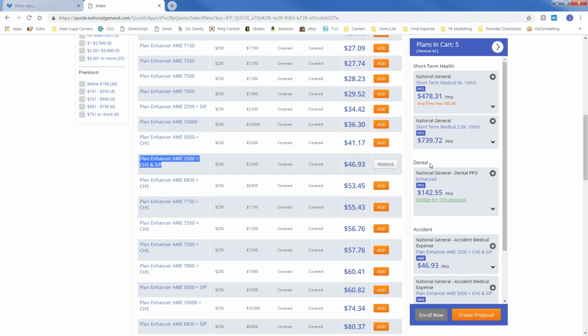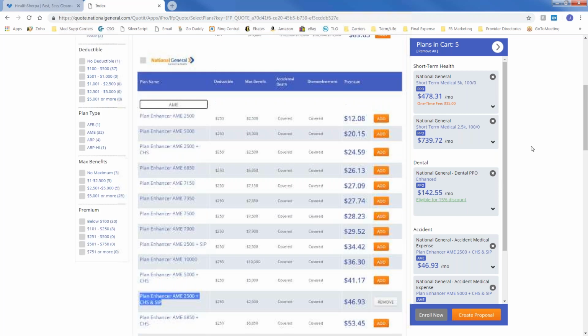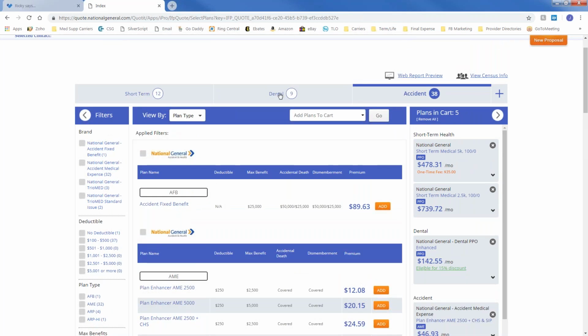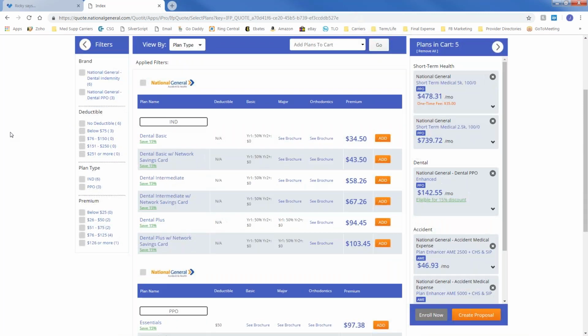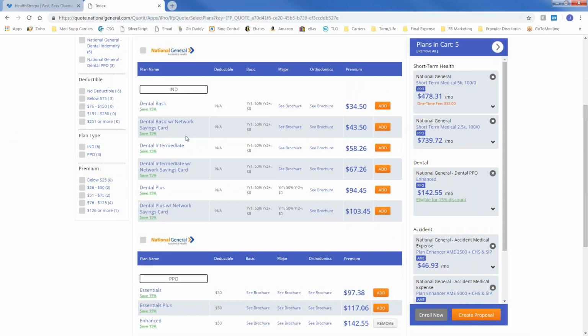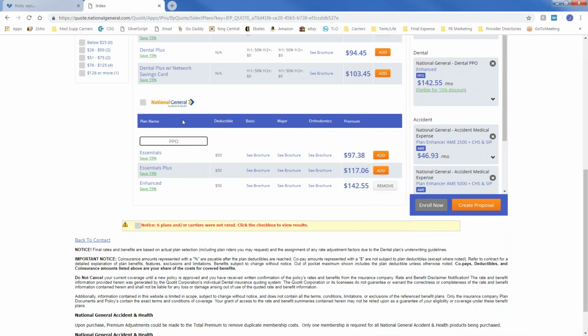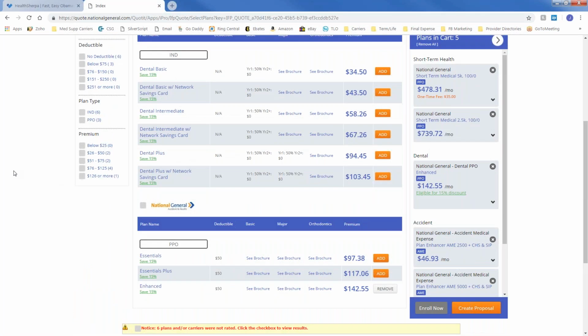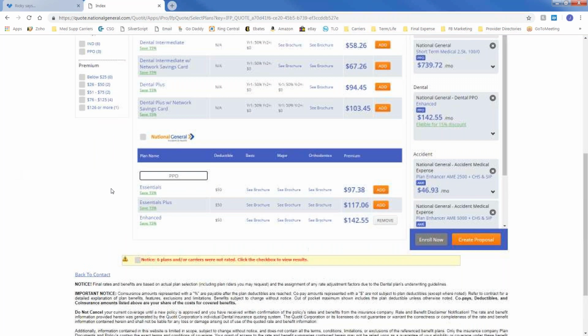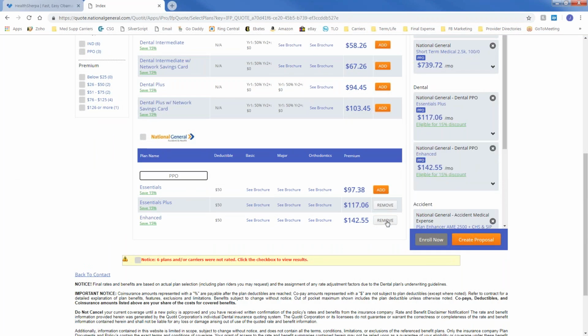They give you the dental right there. You can also change around the dental plan a little bit. If you feel that might be a little too much, there are basic plans, intermediate plans, and PPO network plans. Essentials would be more basic. Enhanced would have a little more robust coverage. You may want to just say, you know what, I'm going to go with the mid-range one and include that.